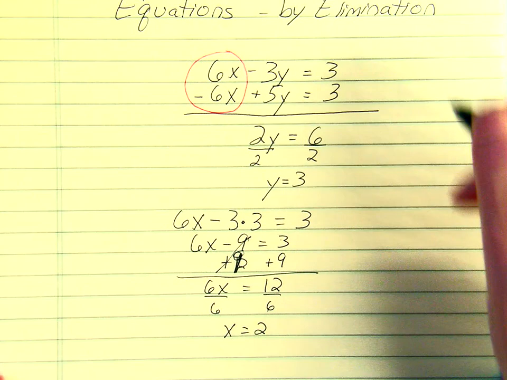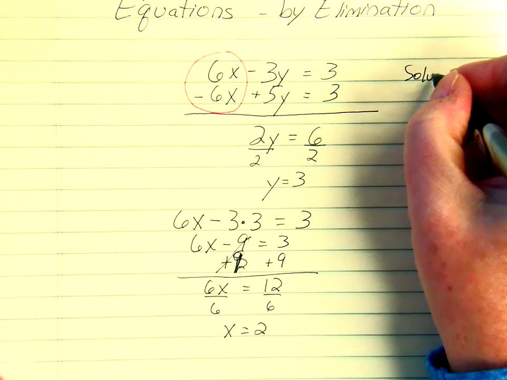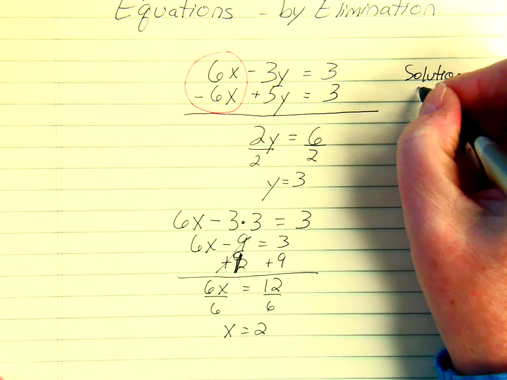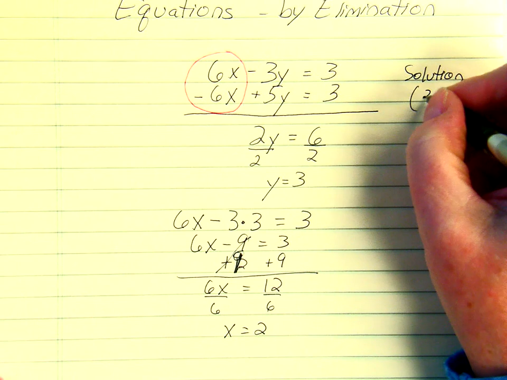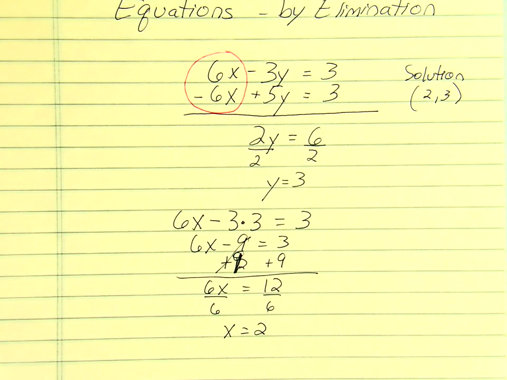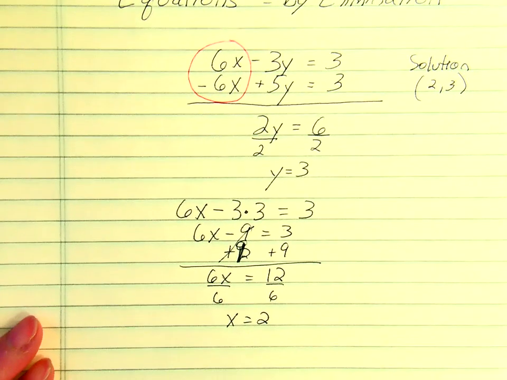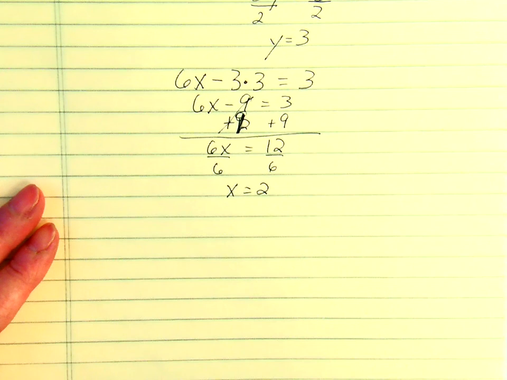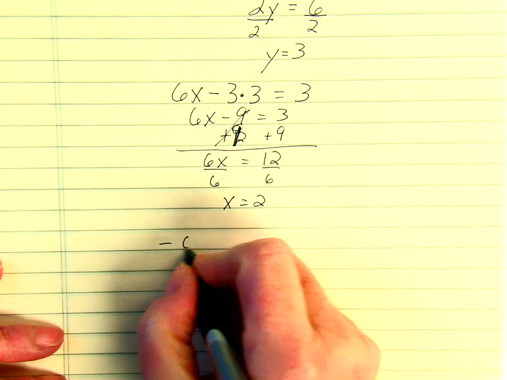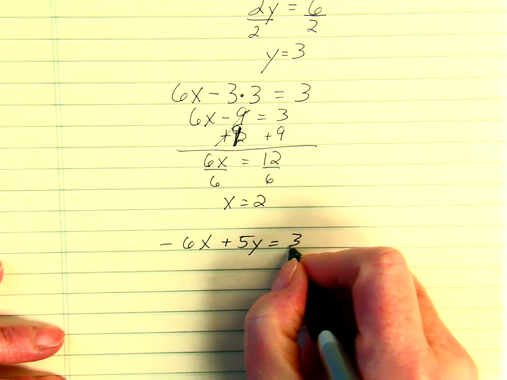Therefore, my solution to this is x of 2, y of 3. I'm going to go ahead and put that point into my second equation just to make sure that it works. So I had negative 6x plus 5y equals 3.